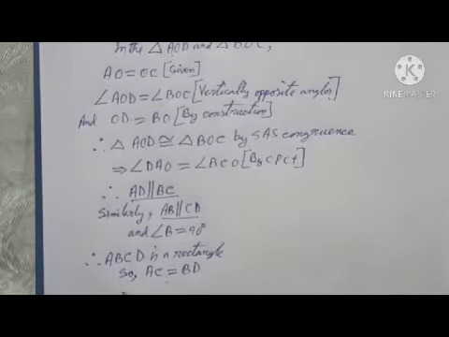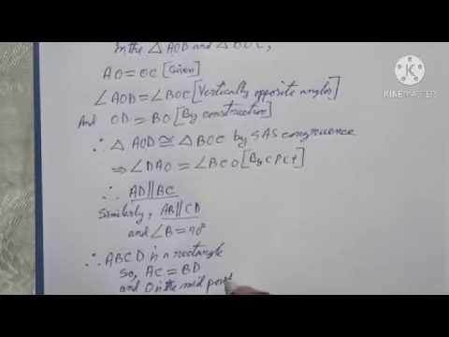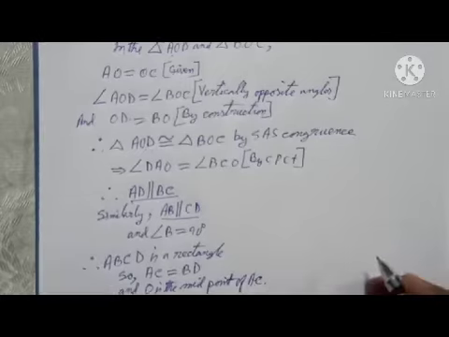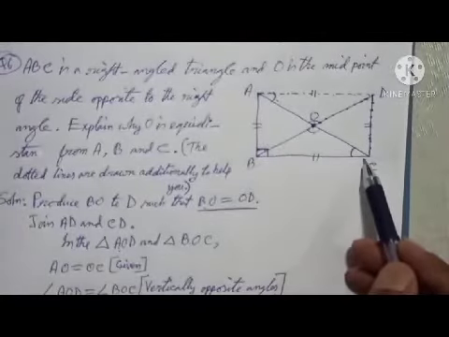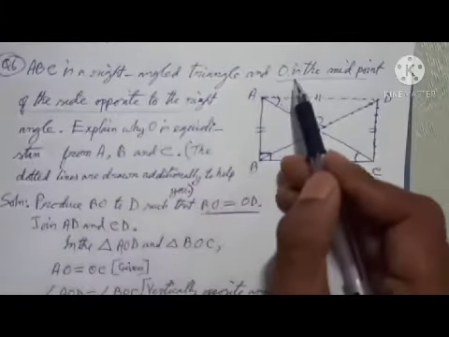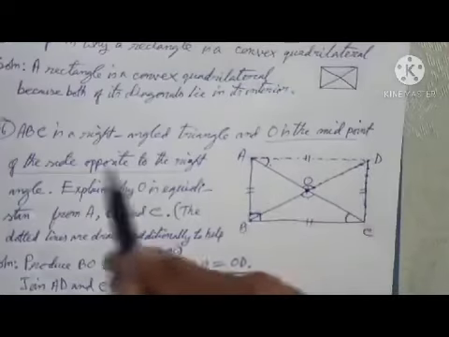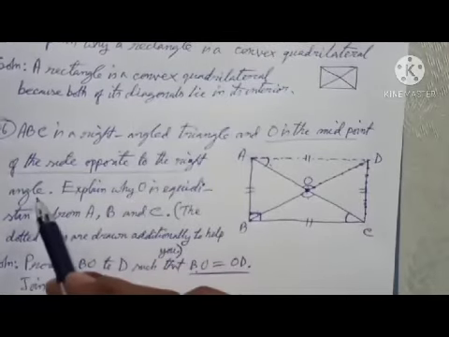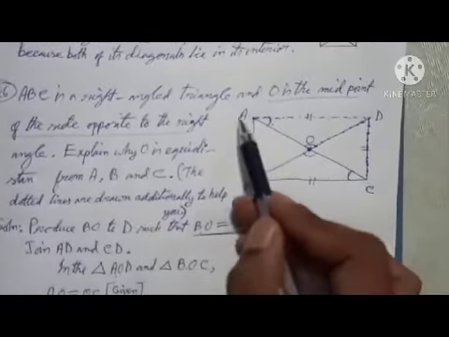And O is the midpoint of AC, as stated in the question: O is the midpoint of the side opposite to the right angle.